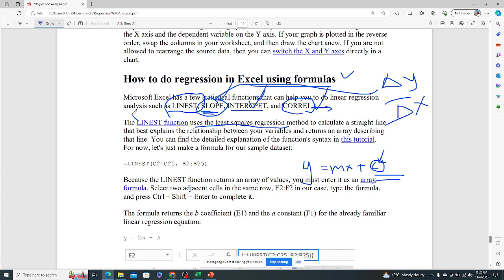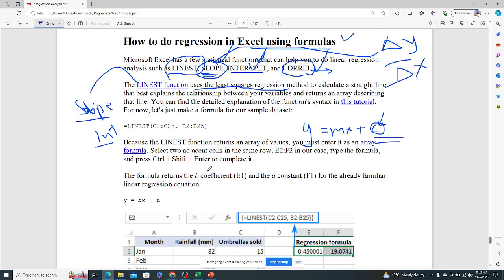So basically, this function will return a value for the slope and a value for the intercept. Okay, good. Let's continue.